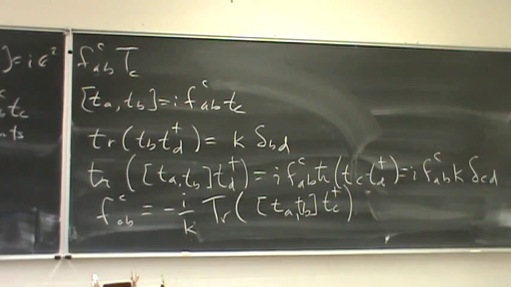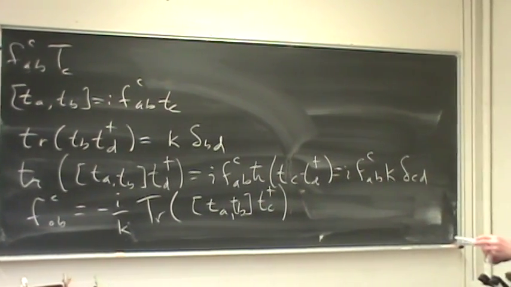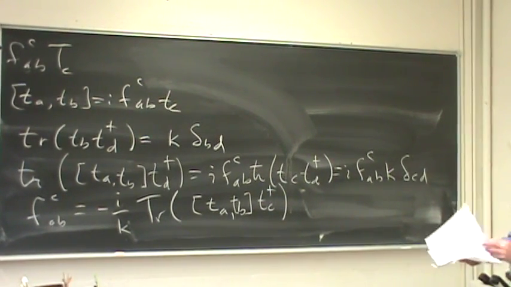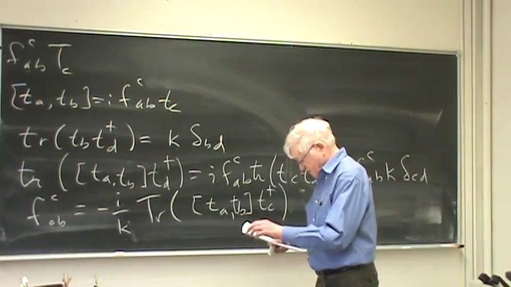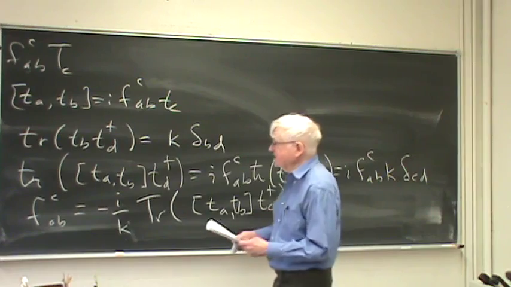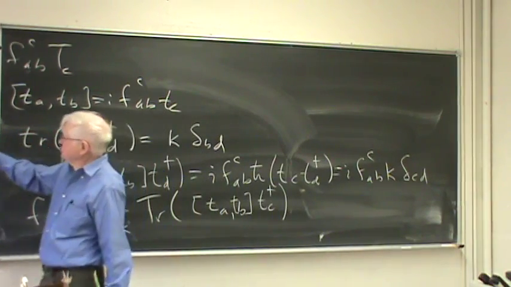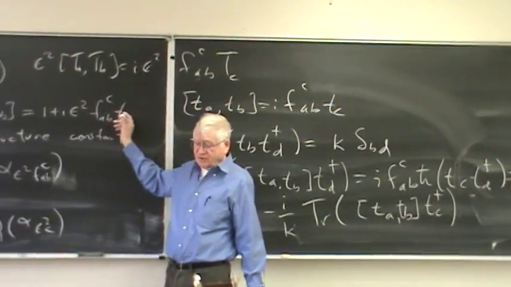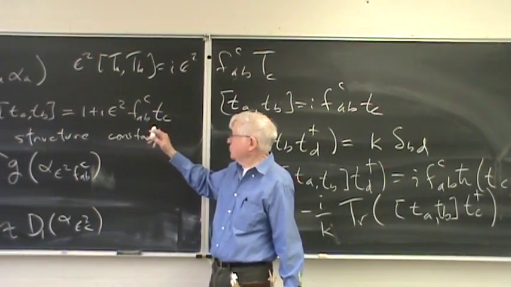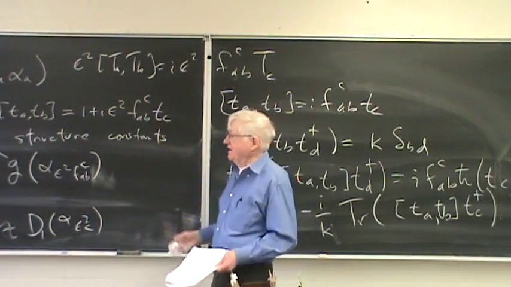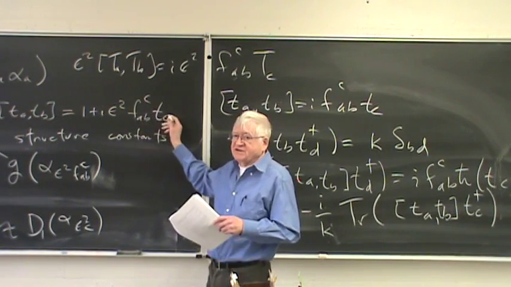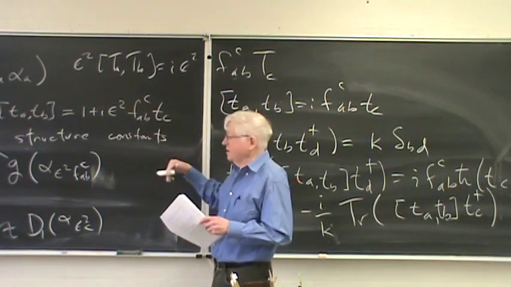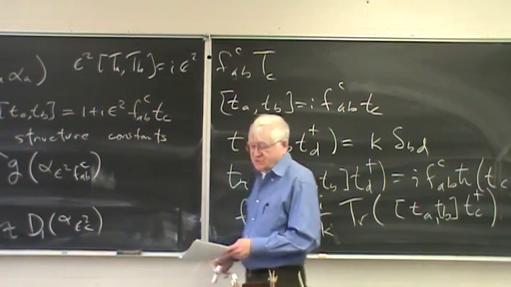Okay. So these are our structure constants. Now let's learn a little bit about them. I already mentioned that these T's, in general, are arbitrary matrices. You could have n generators, and the generators could be m by m matrices.